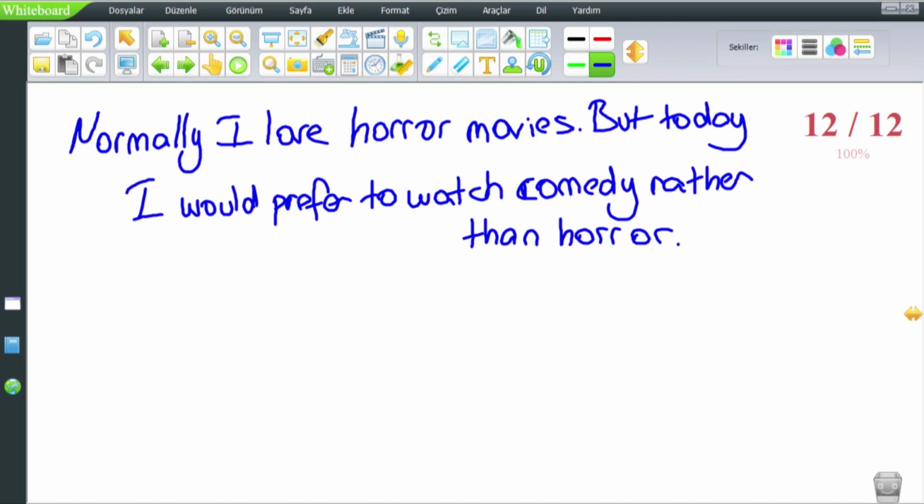We are making a choice in a specific, particular situation. Normally, I love horror movies, but today I would prefer to watch comedy rather than horror. Again, our action, our verb, is the same. That's why you can't see watch after rather than. If you want to, you can use it. It's okay. They are both correct, but omitting it is easier and more convenient.